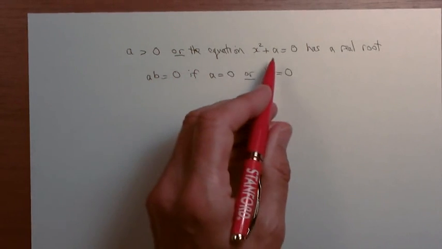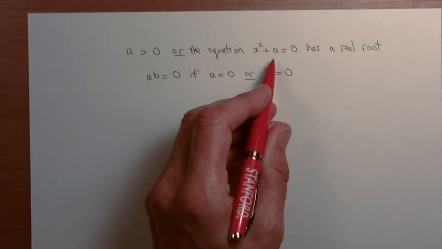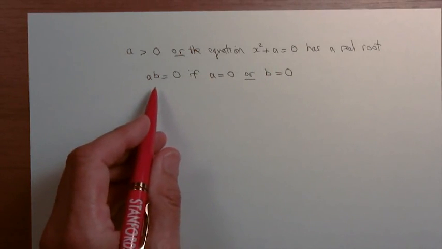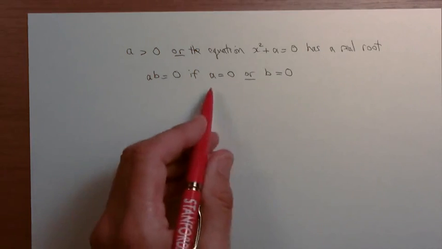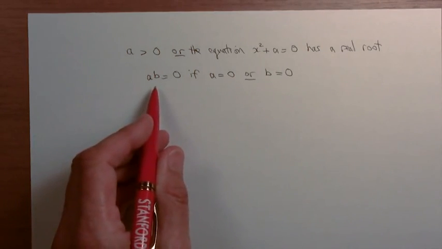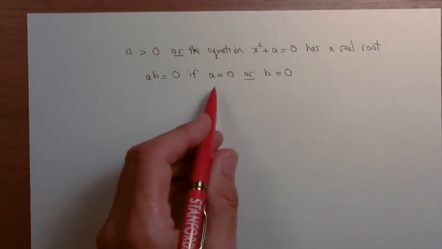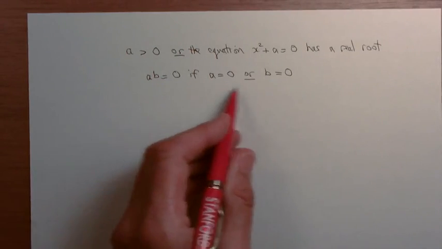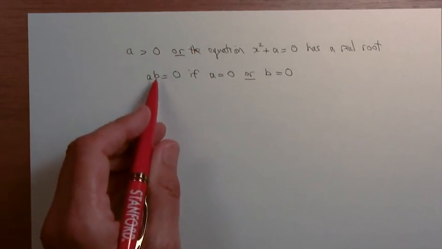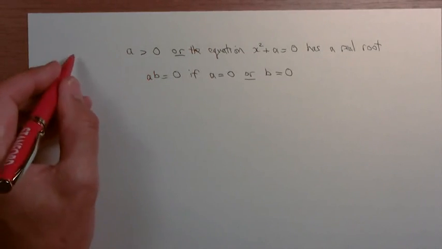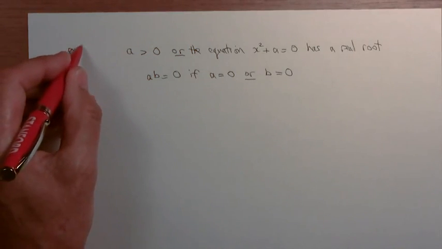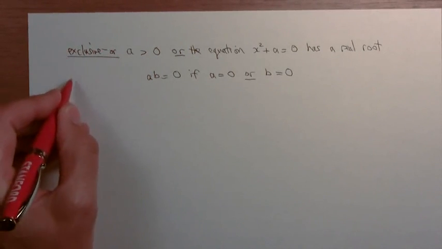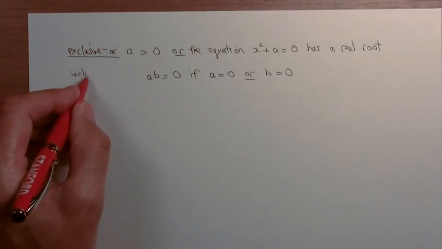If A is positive, then this equation does not actually have a real root. In the case of the second sentence, they could both occur together. To get AB equals 0, it's enough if A is 0, it's enough if B is 0, or they can both be 0. So these two are different. In the first case, we have an exclusive OR. In the second case, we have an inclusive OR.